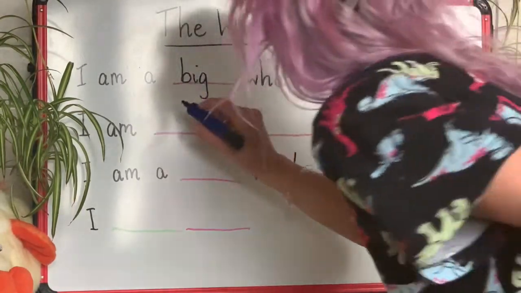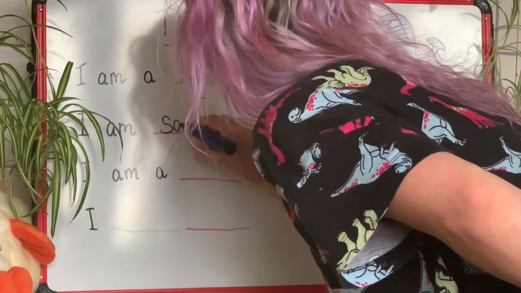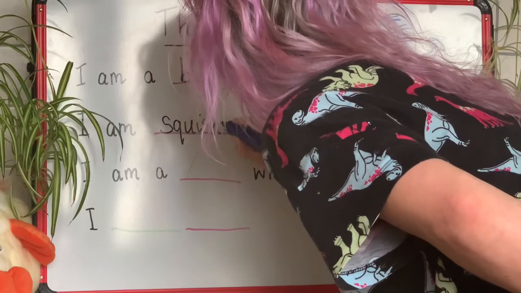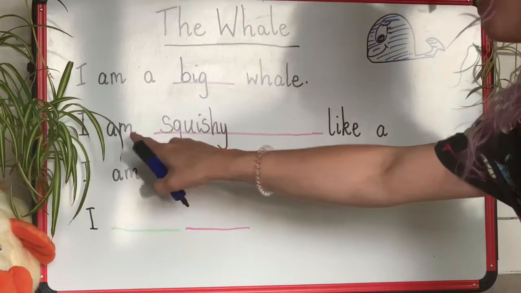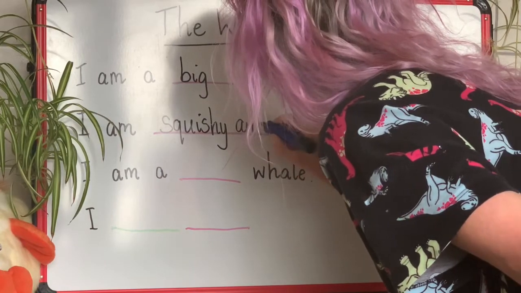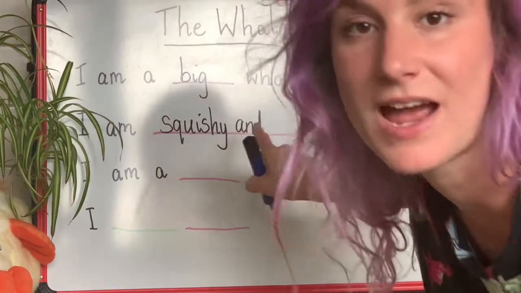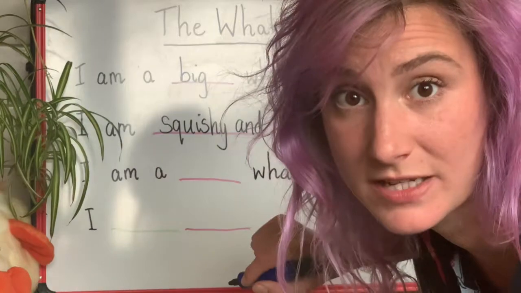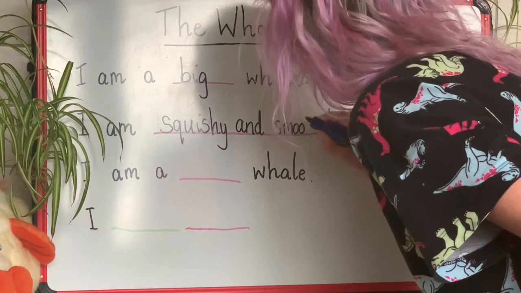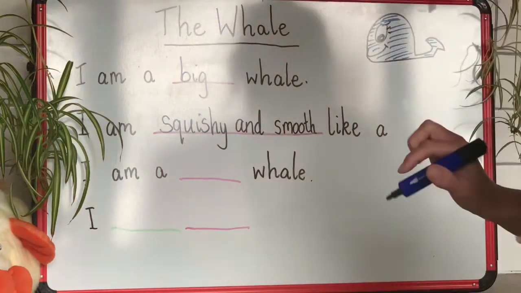I am squishy, and it's a Y on the end making an E sound. I am squishy and, very important that we put the and in there to join together the two adjectives. Squishy and smooth. Excellent.